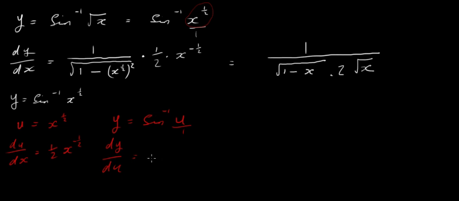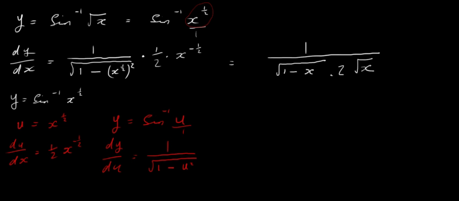So I can just simply write down the basic rule. This is sine inverse u, so this is going to be 1 over the square root of, a here is 1, so that's 1 squared minus u squared.